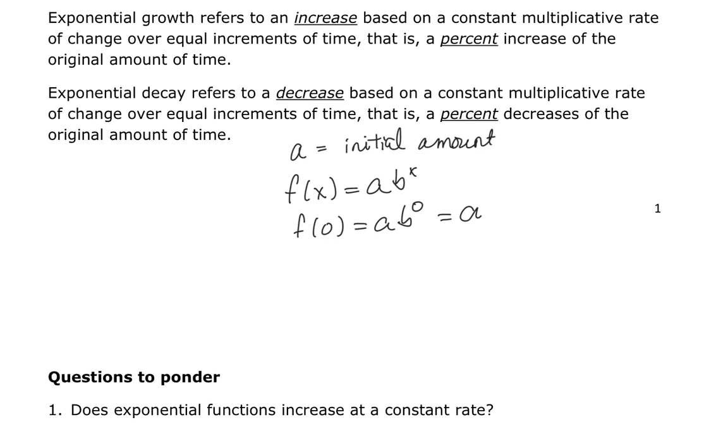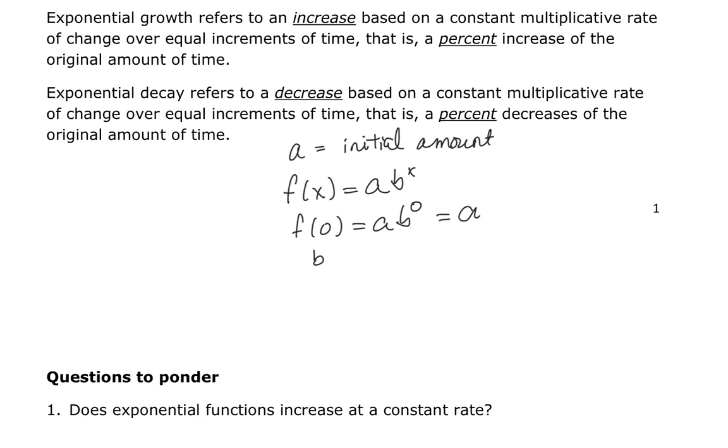Now let's assume that b is 2, and I like 2 because it's easy to work with. So if I have f of x is equal to a 2 raised to the x, a is the multiplier, it's the initial amount. In fact, it's actually the y part of the y-intercept.